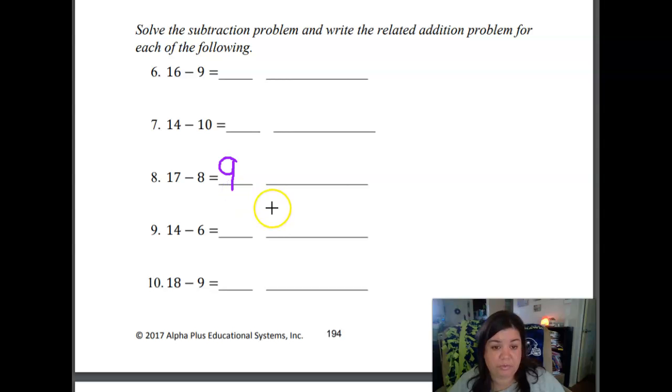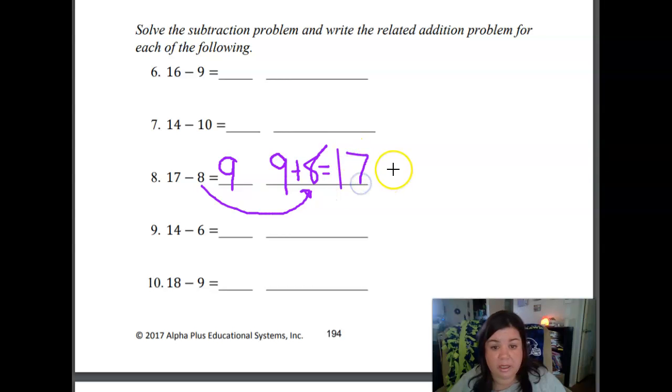Okay. And then how do we do our addition? 9 plus, and we just go backwards. 8 equals 17. And then start with the answer again.